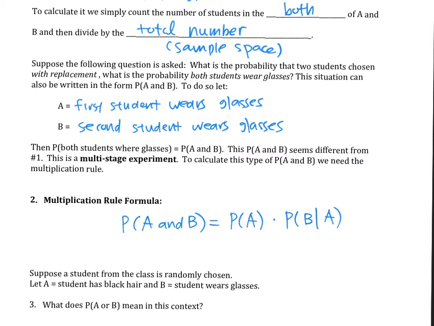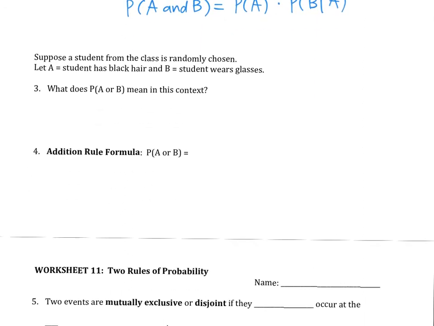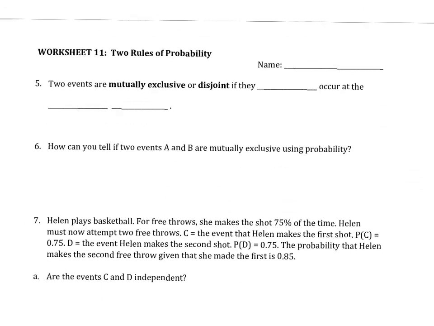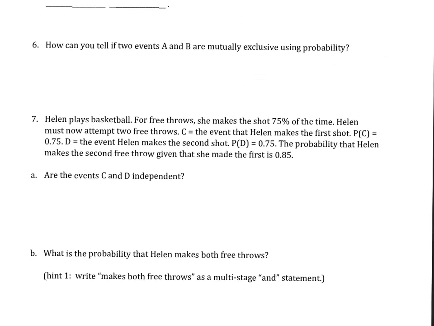All right, I'm going to fast forward and do some examples. Let's go look at number 7. Helen plays basketball. For free throws, she makes the shot 75% of the time. She must attempt 2 free throws. Let C be the event that she makes the first shot, and probability of C is 0.75, 75%.